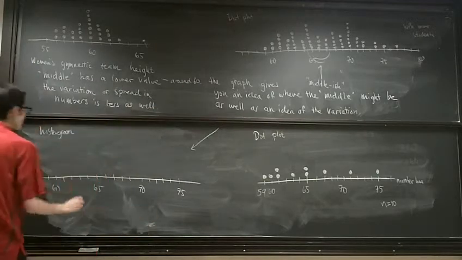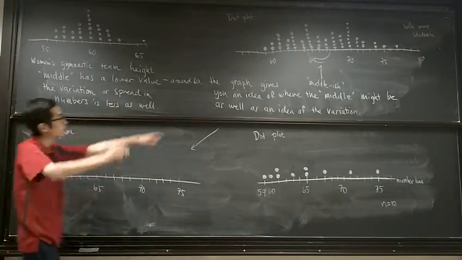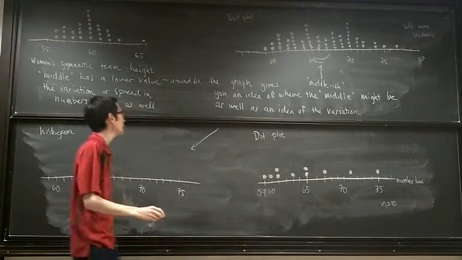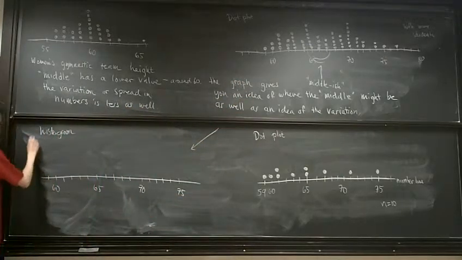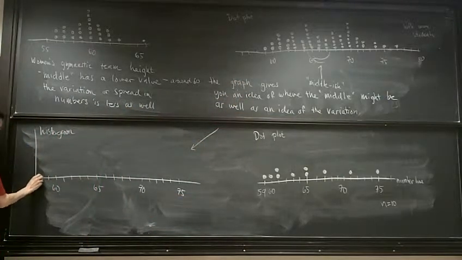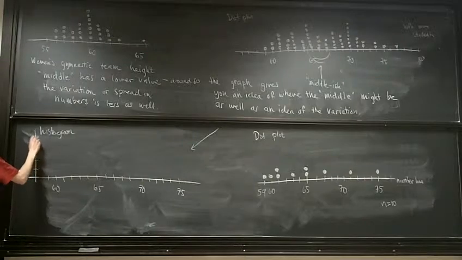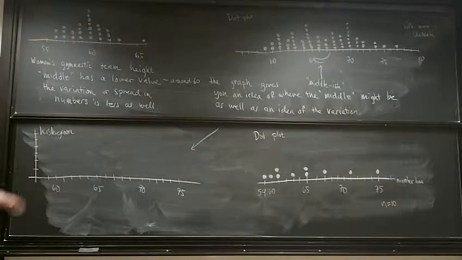The way this works is that at 59, there was one dot. Along the left-hand side, I'm going to have a vertical axis that indicates the height of the bar, how many dots there should be.